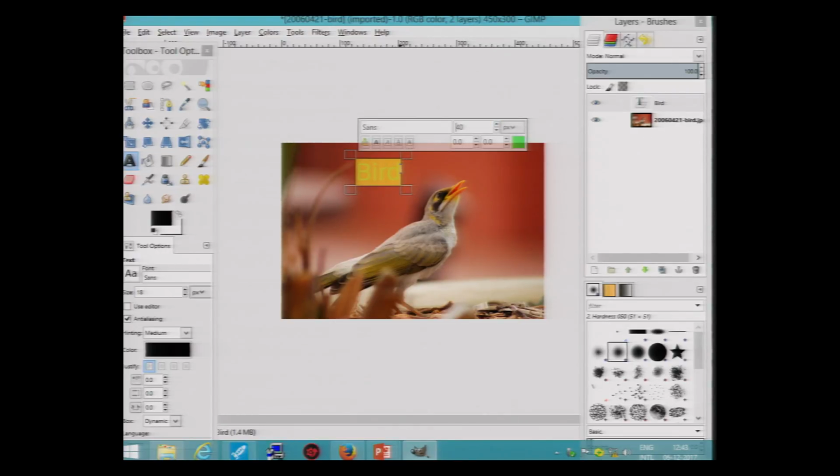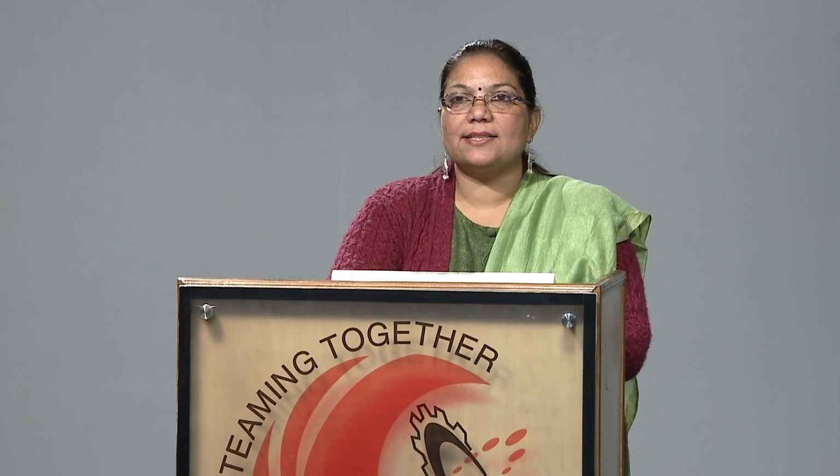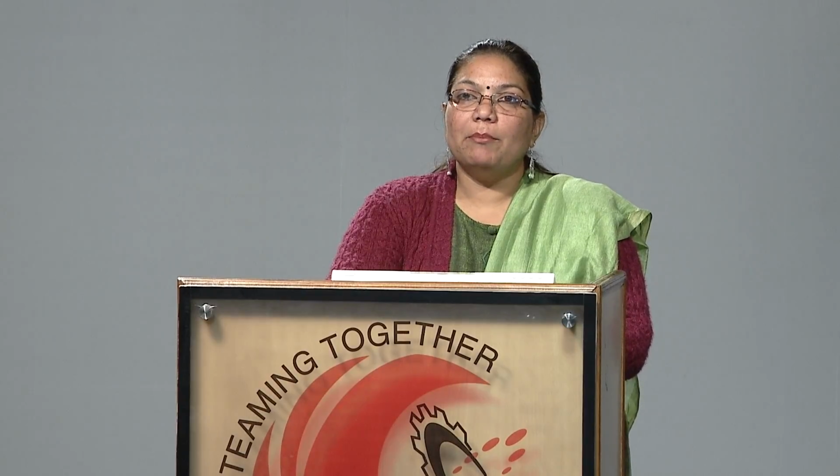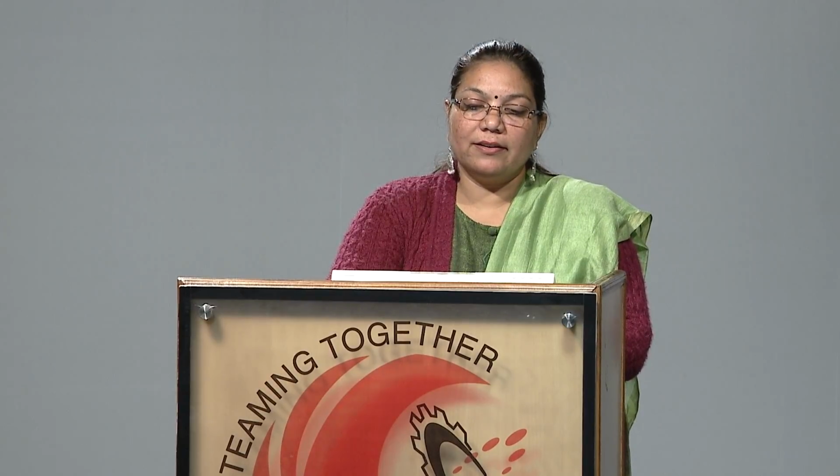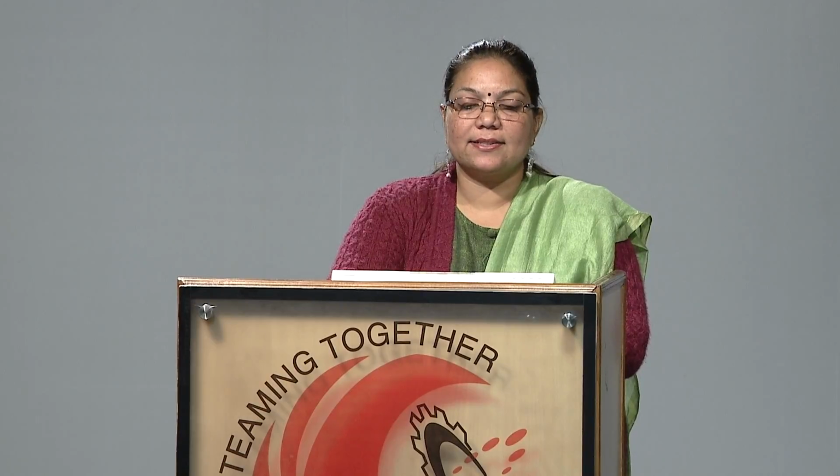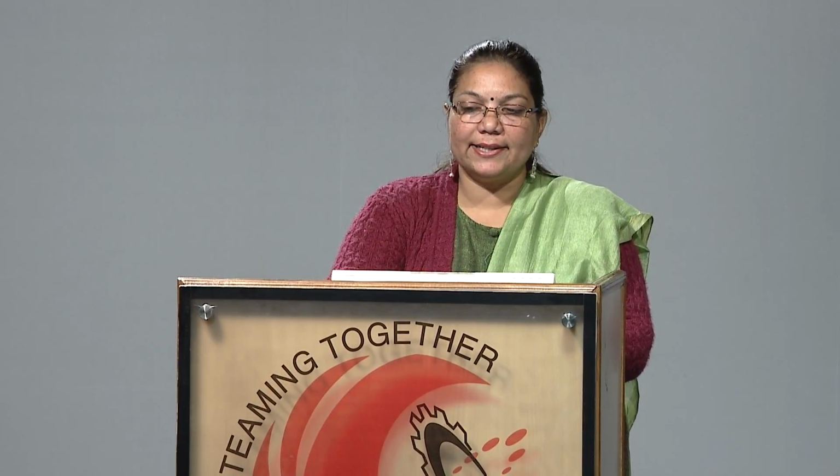I typed the word bird and right now it is in Sans font with size 40. Let's see how it will change. First of all, ensure that you have typed something and selected the same text that you are going to edit. Many times you may not need to edit the complete text, so decide which part of the text requires editing.